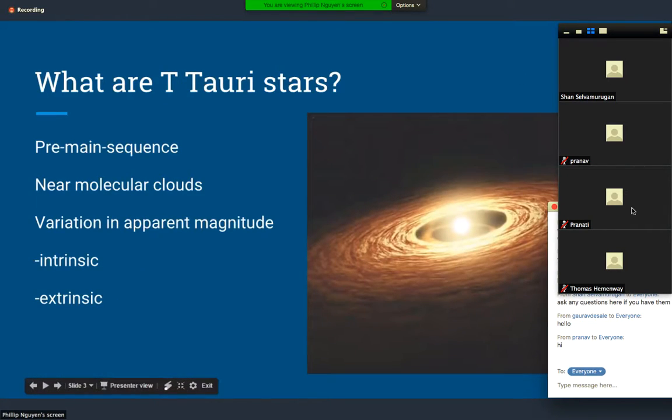So T-Tauri stars are of course named after T-Tauri, and they share the same characteristics. T-Tauri stars are pre-main sequence stars that are contracting to the main sequence, and they're usually found near molecular clouds and can be identified by their variation in apparent magnitude.